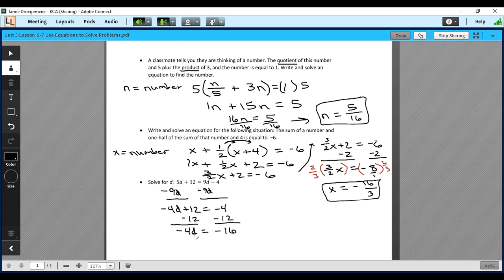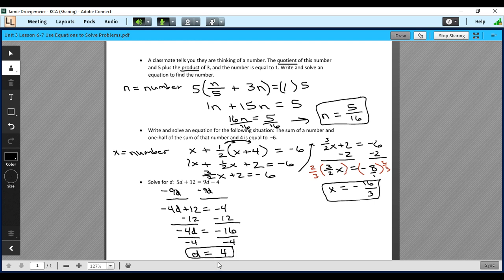And then finally, that d is being multiplied by -4. I'm going to undo that multiplication by dividing by -4. And so that leaves me with d equals -16 divided by -4, which would be +4. Same signs when we're dividing, it's going to be positive.